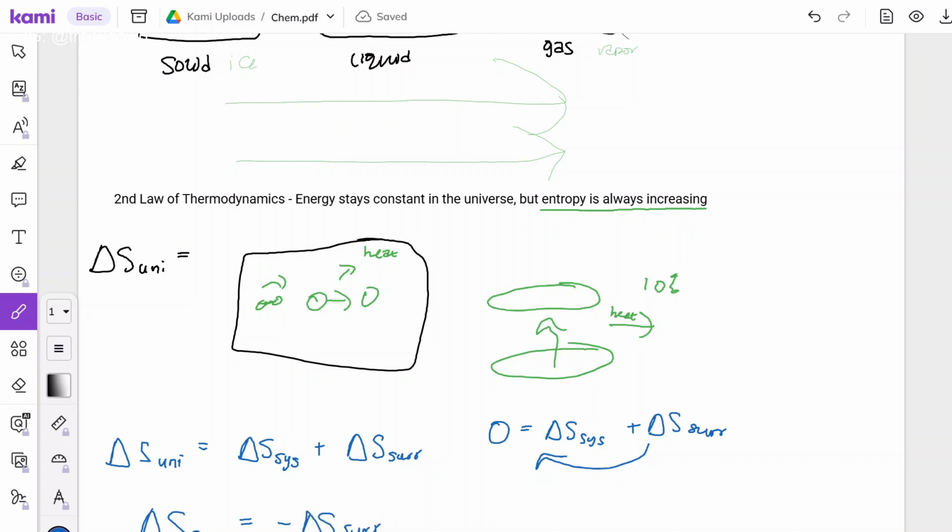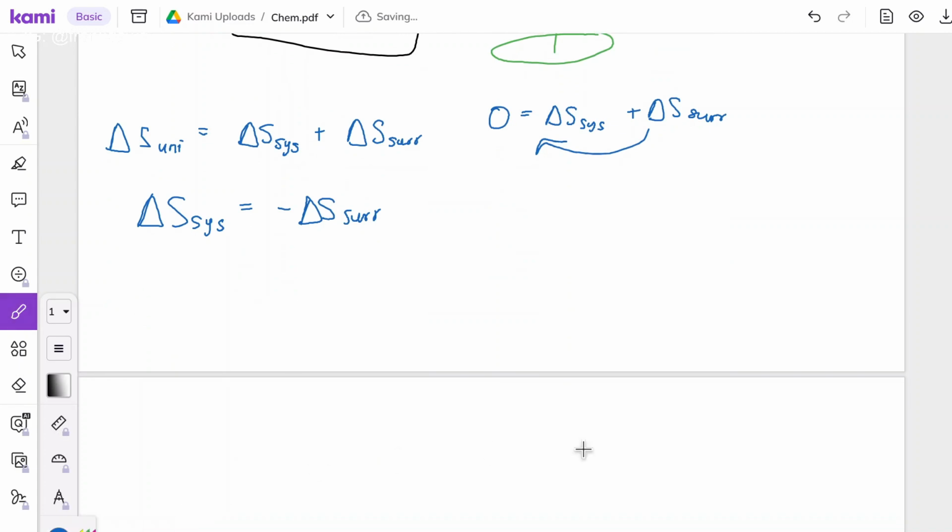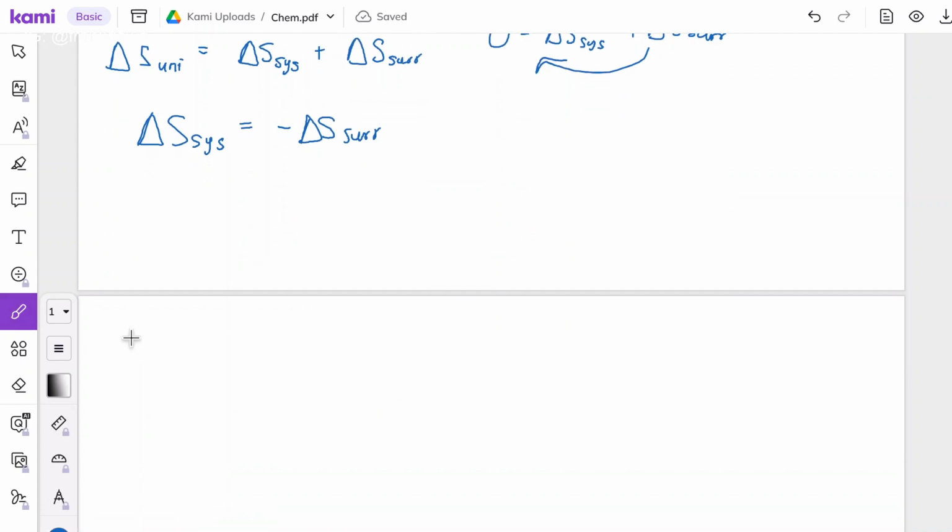And this comes into play when you look at the equations of both of those things. So first, the entropy of the system is equal to the reversible energy over the temperature.